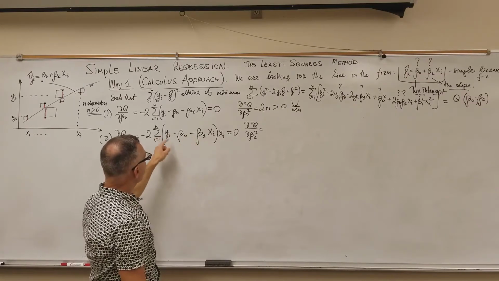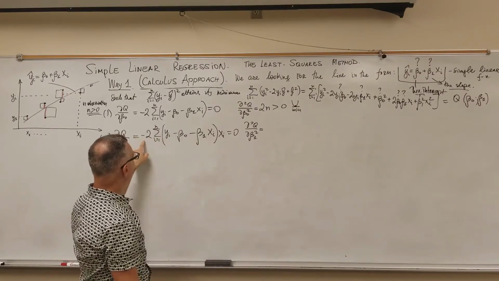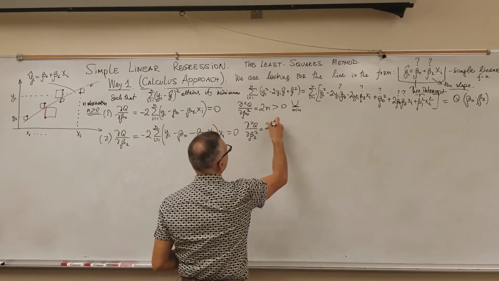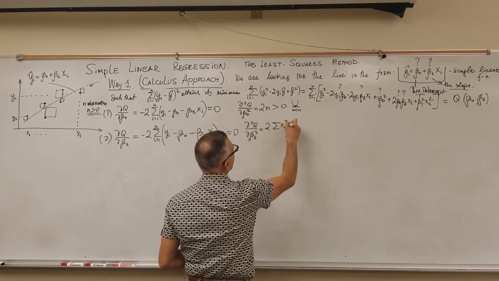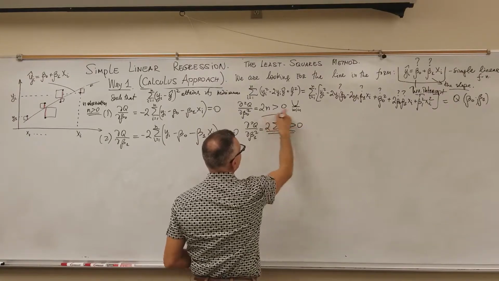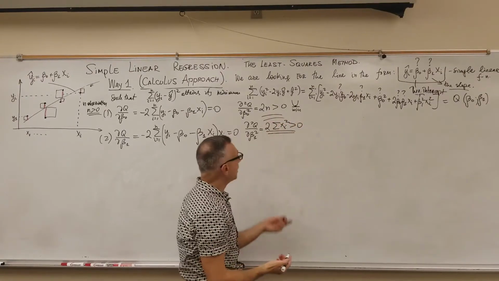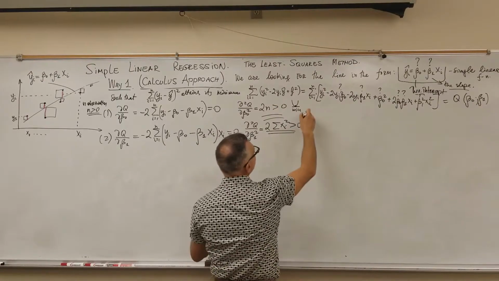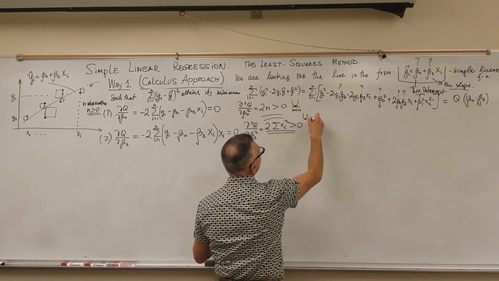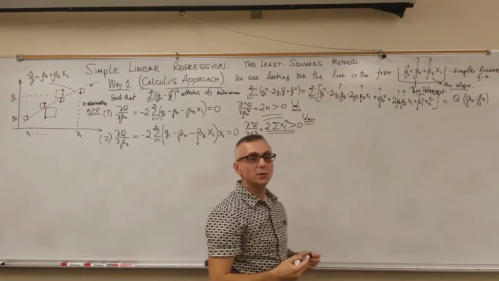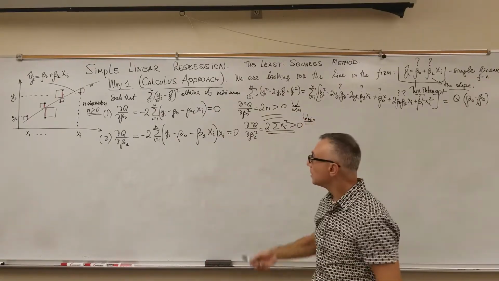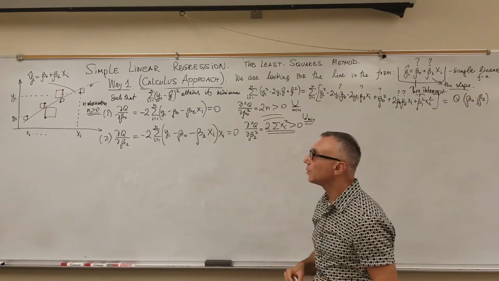So minus out, it will be plus 2 under the summation, 2 sum xi squared. And obviously it's also a positive value. The summation of squares is positive. It's also a min point. So we are on the right track. The function has a minimum for beta 0 and beta 1.